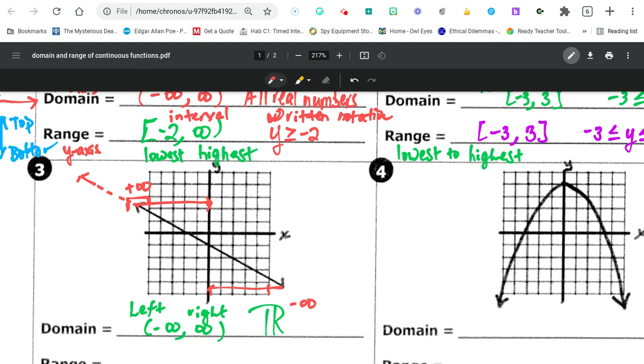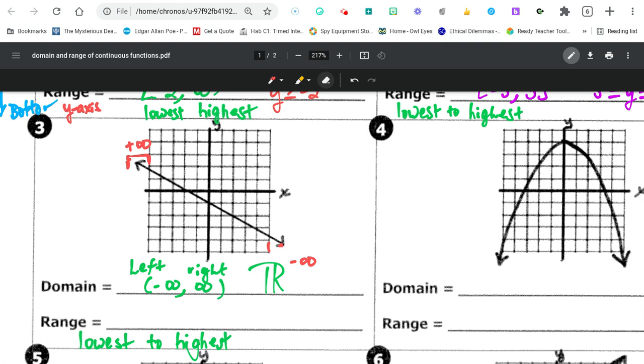Because they have arrows, they keep on going. So we're going to say that the y value of the lowest point is negative infinity. And the highest point is also negative infinity.